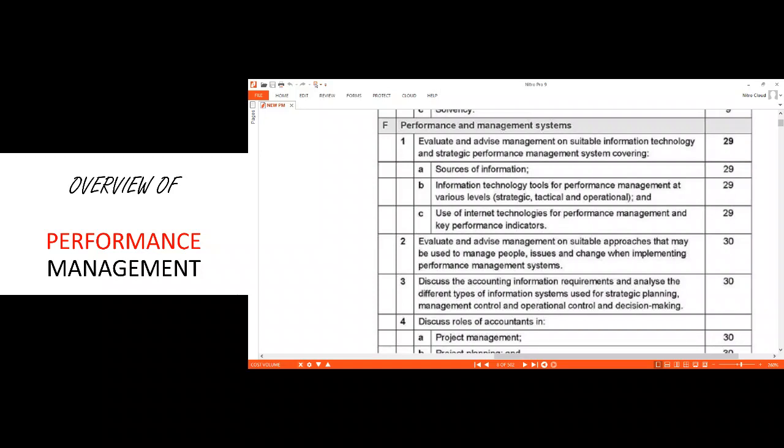The internet technology for performance management will be looked at. We are going to evaluate and advise management using a hypothetical example on suitable approach that may be used to manage people. How are we going to manage our people as a corporate leader? We are going to discuss accounting information. Then we are going to discuss the role of accountants.